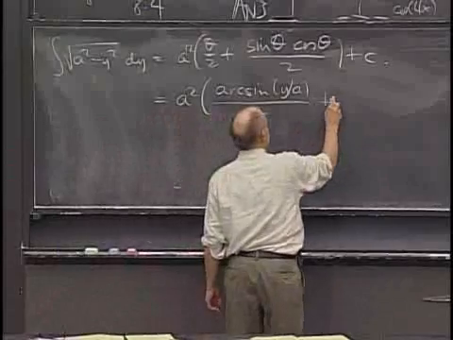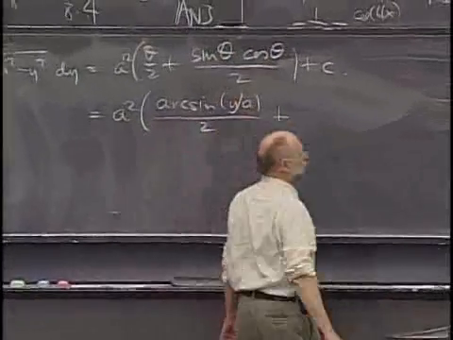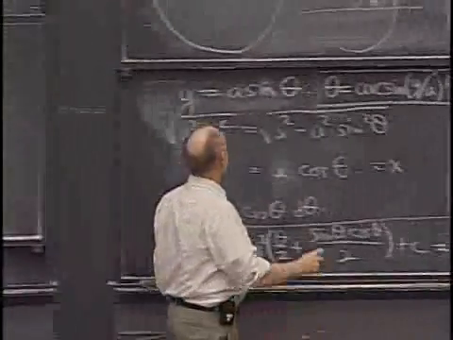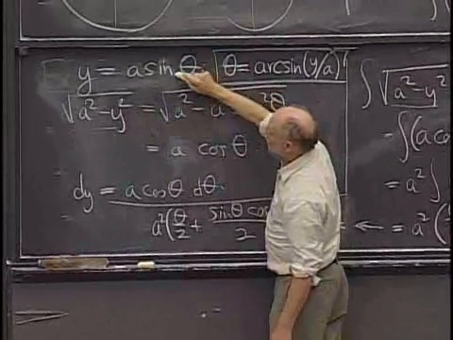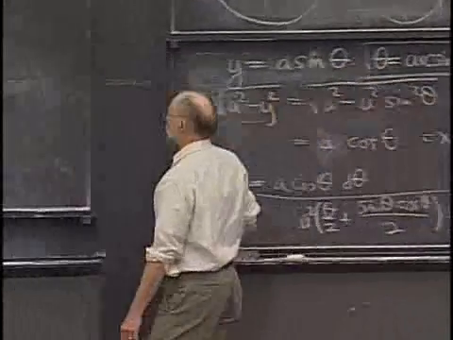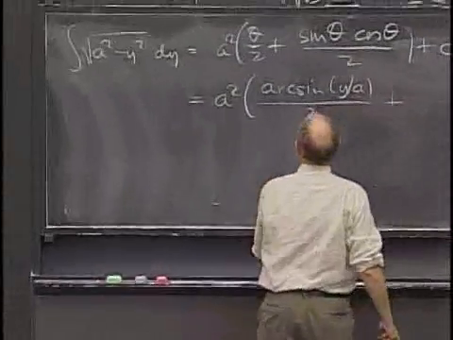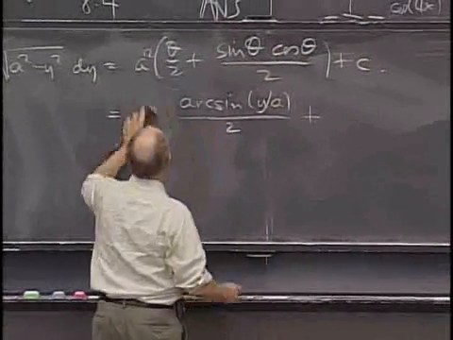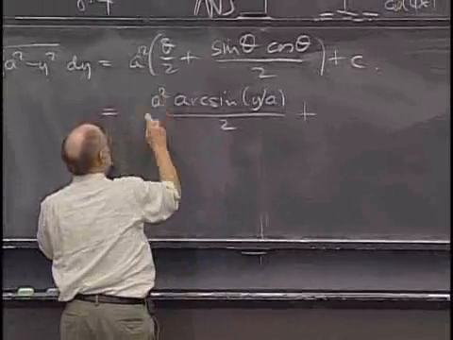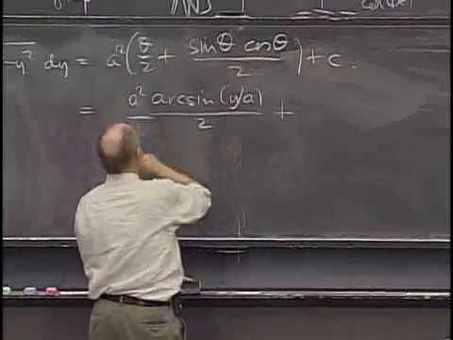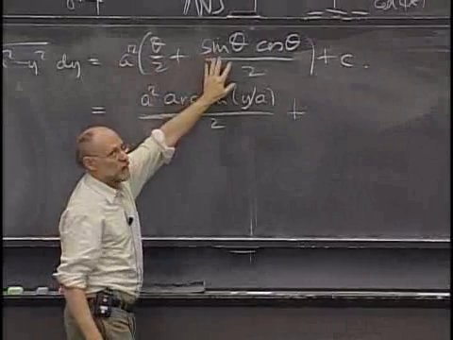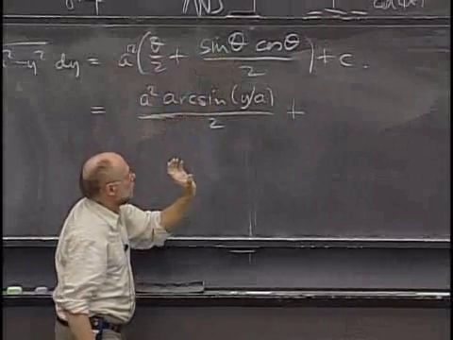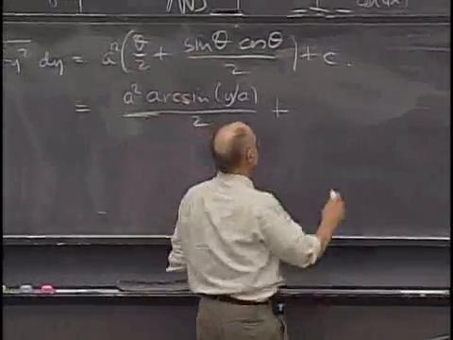What about the other side here? Well, sine and cosine, we knew what they were in terms of y and in terms of x, if you like. Actually, maybe I'll put the a squared inside here. That makes it a little bit nicer. Plus, and then the other term is a squared sine of theta cosine of theta. So the a times sine of theta is just y.